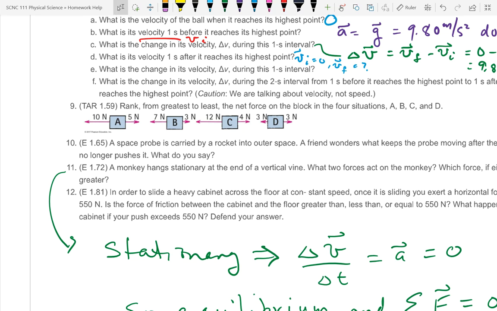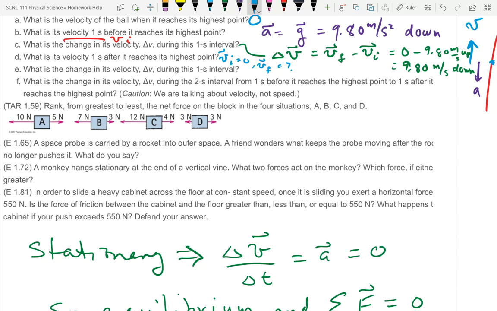So if I take the difference, the final one, minus 9.8 meters per second, minus the initial one, which is 9.8 meters per second, I'll write it down because as you say it, it doesn't seem as clear as when you write it down.